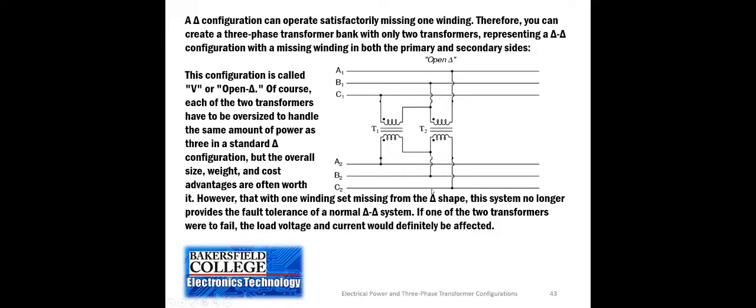Now, for cost effectiveness, sometimes they'll use two transformers rather than three. And when those two transformers are used, they have to buy transformers that can handle that extra amount of current, because you're going to pull more current through each of the transformers: instead of being divided among three transformers, you're dividing the current by only two.